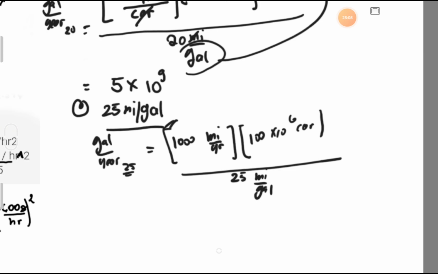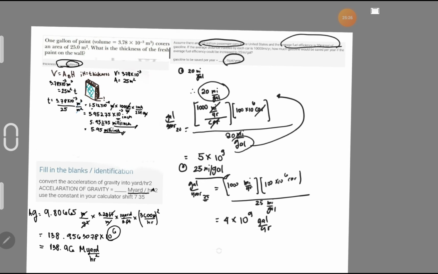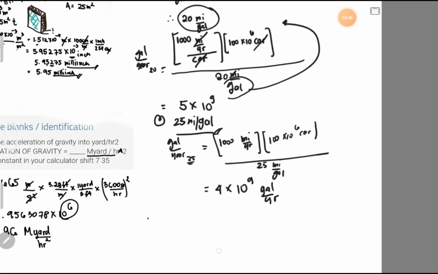So, we'll have a value equal to 4 times 10 raised to 9 gallons per year. Okay? So 100 million passenger cars, then may average fuel efficiency tayo na 20, then 25. So pag kinuha natin 'yan, kung ano nga ba yung fuel save.